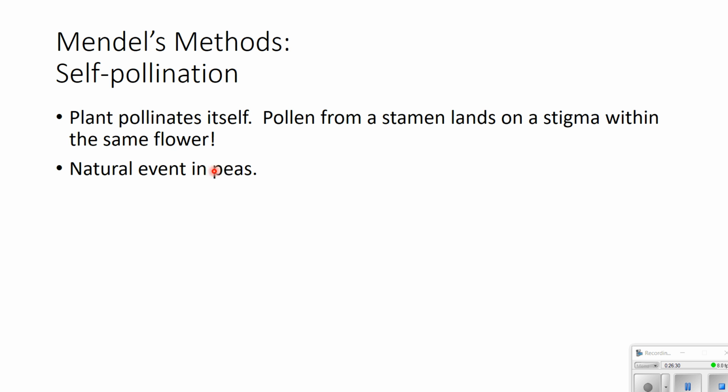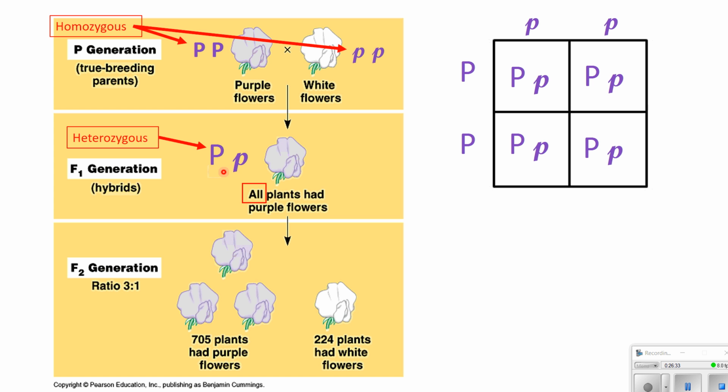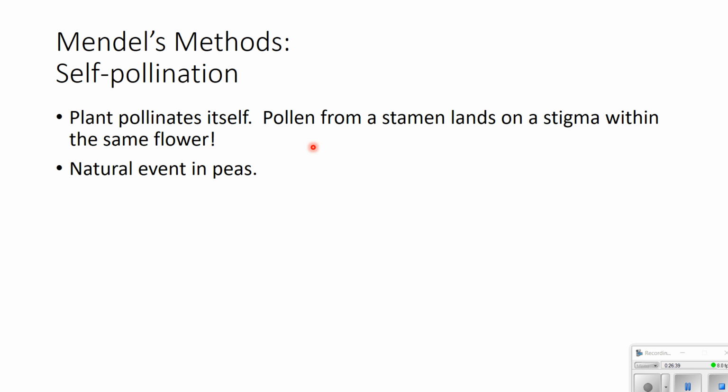Okay, so the next step, remember, is to allow this heterozygous hybrid plant to self-pollinate. Pea plants can do that. They naturally, very often, will self-pollinate because remember the flower, the pea plant flower, has both male and female parts.